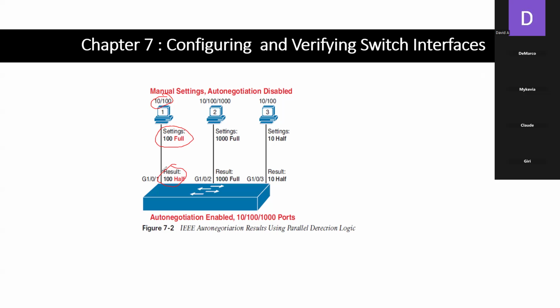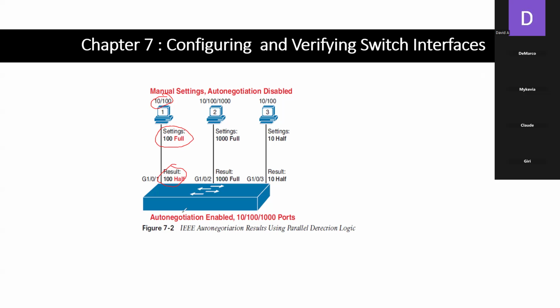So DeMarco set, on his side, his router to 100 megabits per second and a duplex of full. That does not mean my switch is going to automatically say, I'm going to set this to 100 megabits per second and full as well. No, my switch is going to use the IEEE standard for auto negotiation and say that anything at 10 and 100 megabits per second, I'm going to set to half.